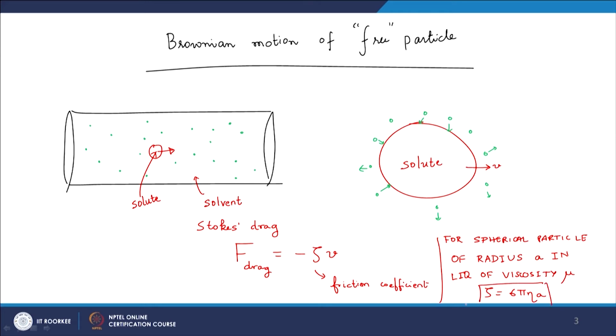If it is not spherical, we can have some other value of zeta, but that is not really very important. The main thing is that the solute motion will be resisted by the presence of the drag, that is due to the solvent molecules in the system.